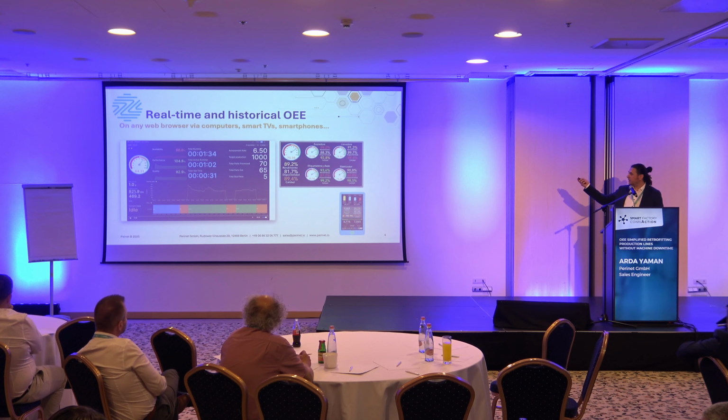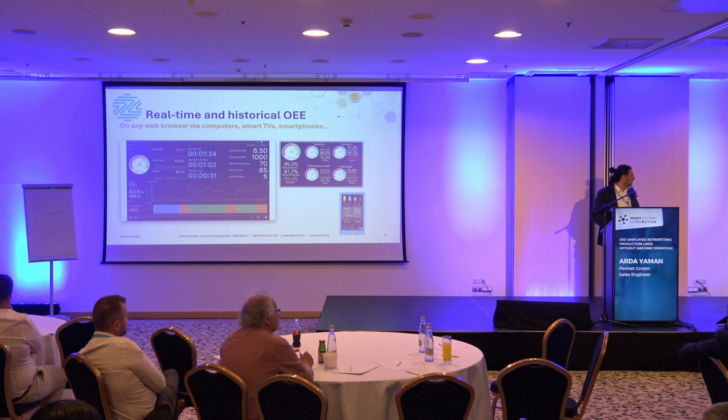And on the right side, there is another dashboard which shows, again, the OEE and its details, but this time machine by machine, which helps manufacturing managers, for example, or plant managers to see where the bottleneck is and what is blocking the throughput. And that one over there is an example of how you can easily check these dashboards on a mobile device or whatever.